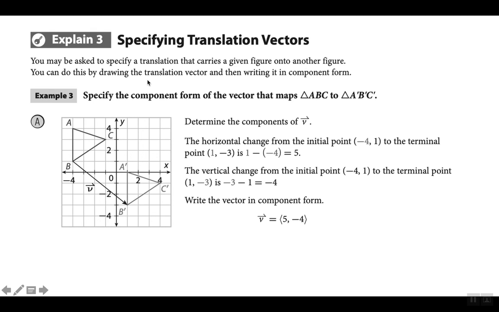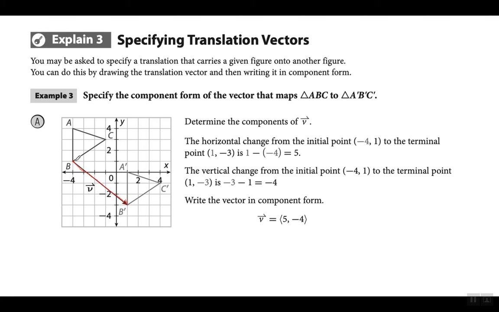You can do this by drawing the translation vector and then writing it in component form. For example, look how simple this is. They're giving us triangle ABC, which is the pre-image, and triangle A prime, B prime, C prime, which is the image. Really, all I'm going to look at, let me get my pen here, is the vector line, the vector right here.